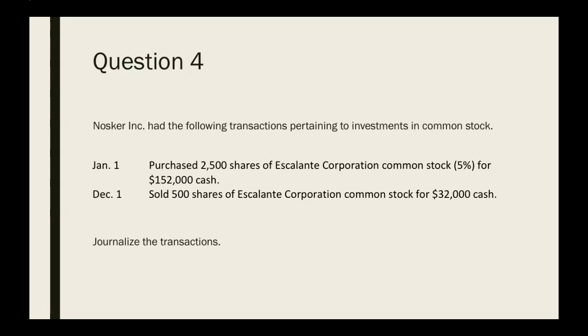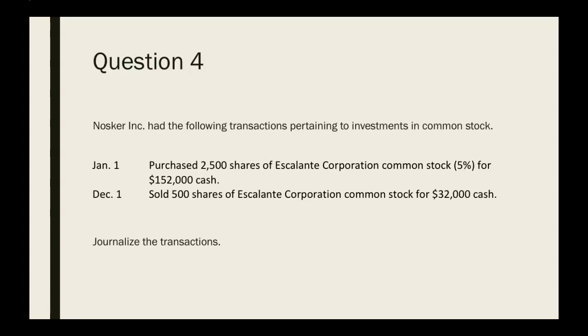Well, that's showing us the percentage of ownership that we have in that company. If we own a certain percentage, we have to change the way that we account for all of this. So we own 5% of Escalante Corporation. That's going to come in handy once we start doing these journal entries.